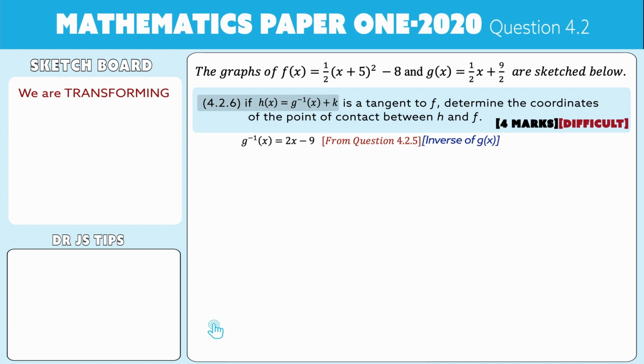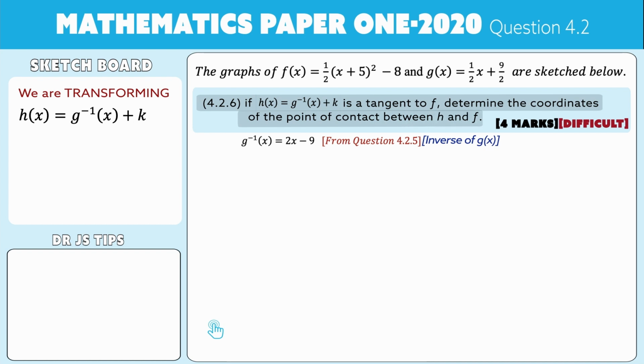It is the inverse function, which is what we found down here, plus k. Now we'll talk about that just now. If that is a tangent to f, let's read through this first and then we'll go to the sketchboard and the tips. Determine the coordinates of the point of contact between the two functions.